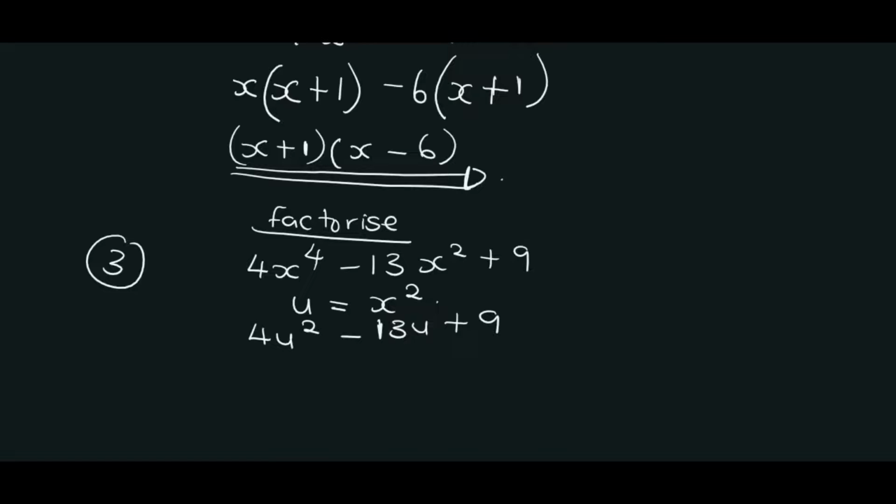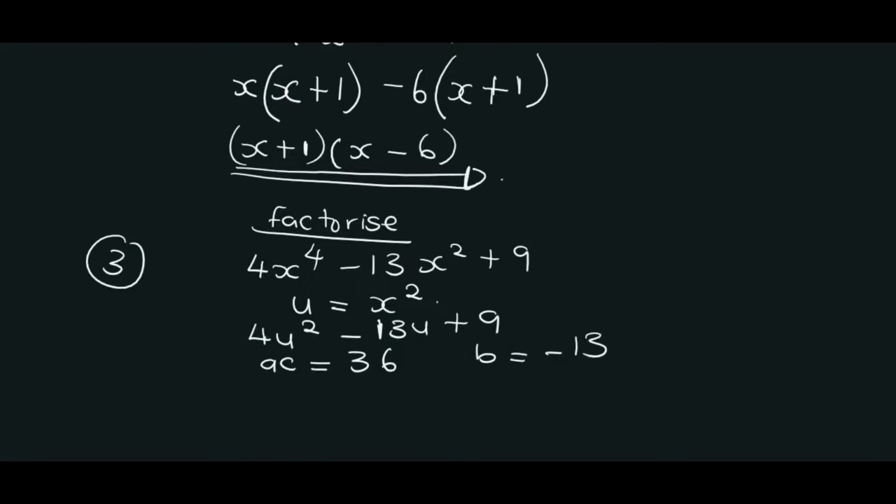So as of now, what we need to do is to write AC. What is AC? AC is 4 multiplied by 9. What is 4 multiplied by 9? It is 36. And then B is equal to minus 13.